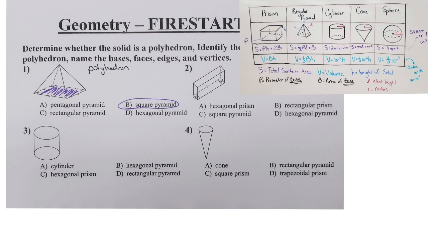So the purple square is the base. Alright. Now, this is a face. So there are 1, 2, 3, 4 red triangles that are faces.